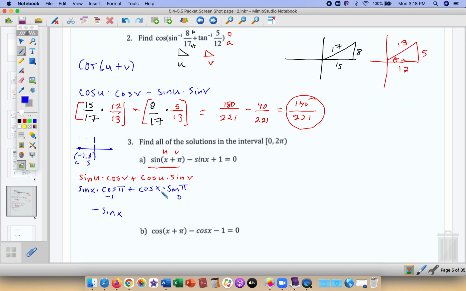So if this is 0, then this cancels. So we have negative sine x. This turns to negative sine x minus sine x plus 1 equals 0.